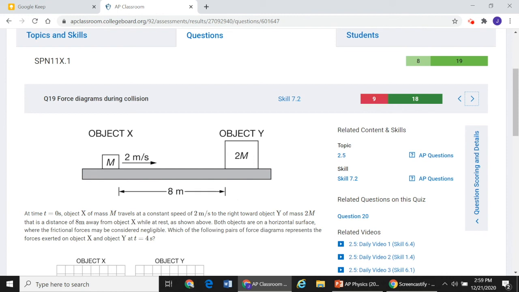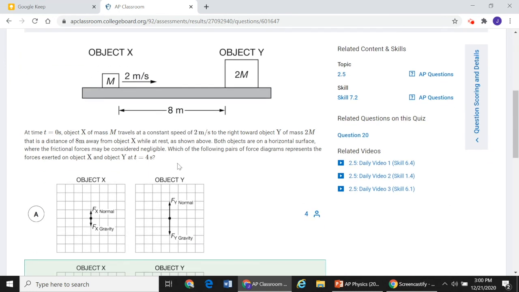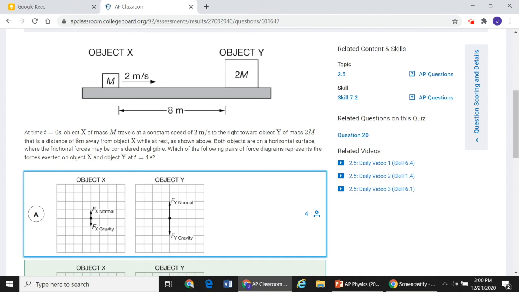Which of the following pairs of force diagrams represents the forces exerted on the objects x and y at t equals 4 seconds? The first thing you should be realizing is that if this is 8 meters away and this block is going 2 meters per second, it's going to hit at 4 seconds. So they're asking which diagram shows you the forces when they hit.